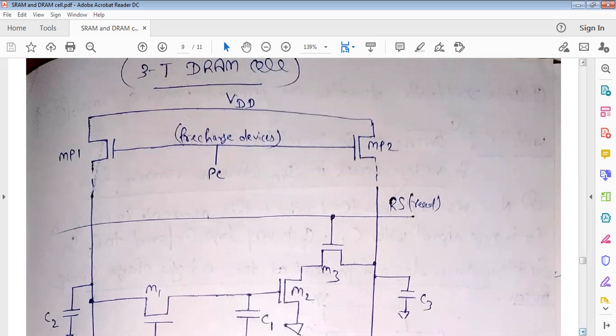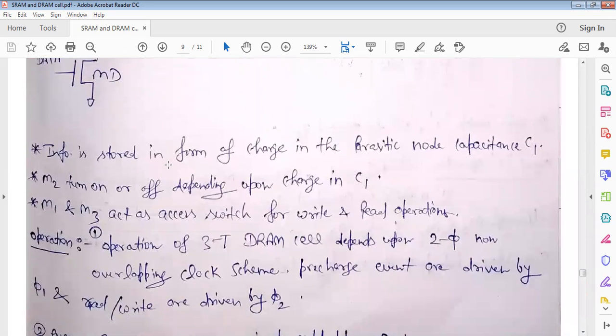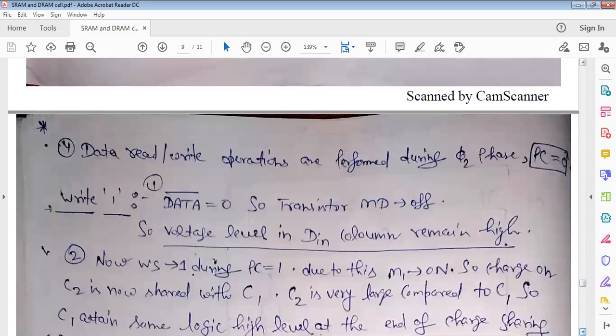So this 3T RAM cell depends upon the two-phase non-overlapping clock scheme. First the pre-charge event takes place, then the read or write operation. Every read or write operation will be preceded by the pre-charge operation, and the pre-charge operation happens when PC value is 1.